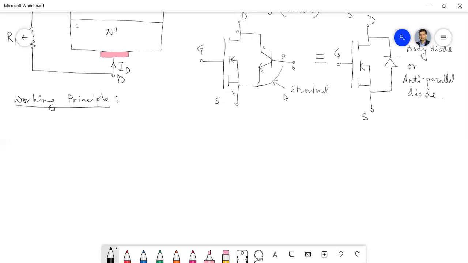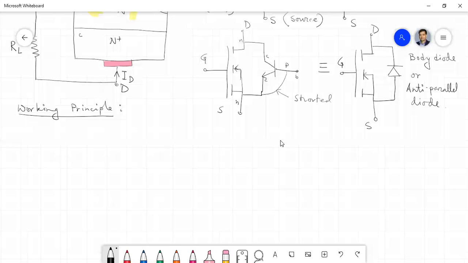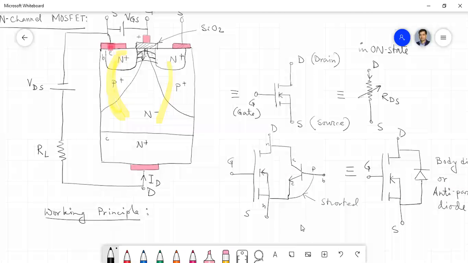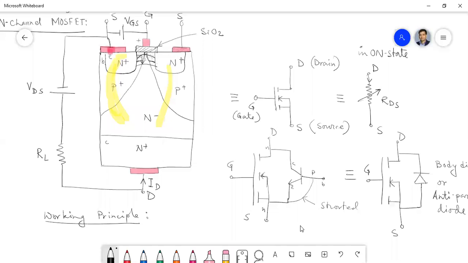Now, how to make the MOSFET off? How to make this MOSFET off? VGS 0.